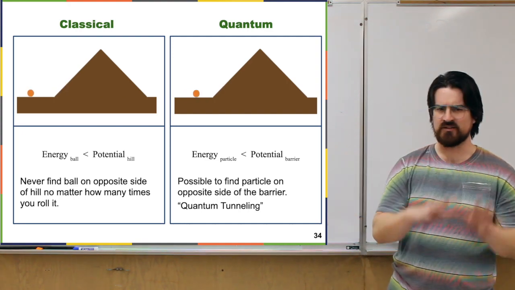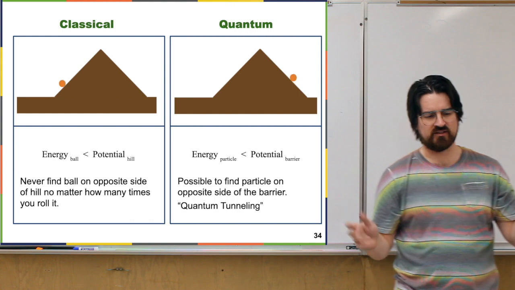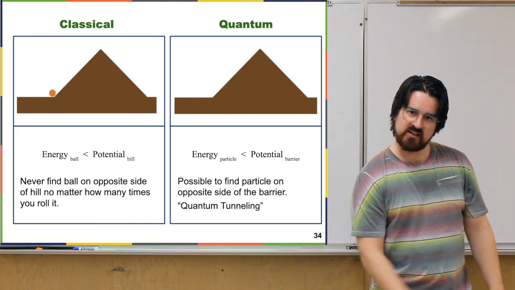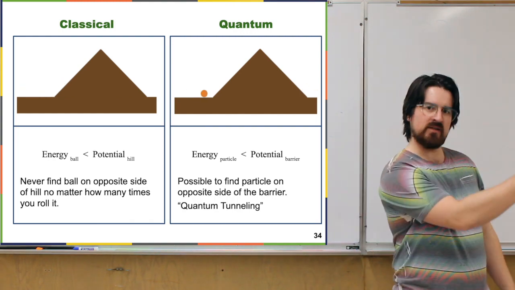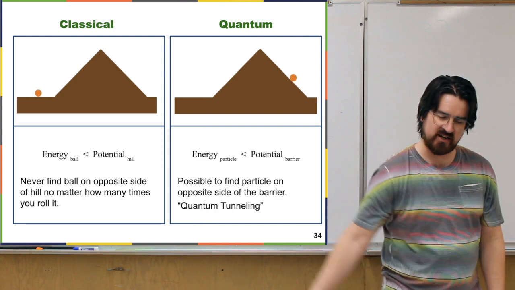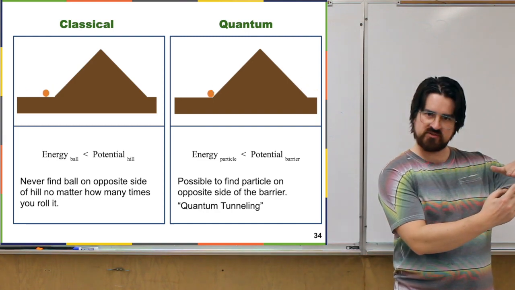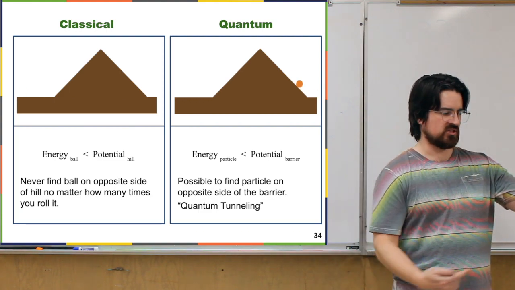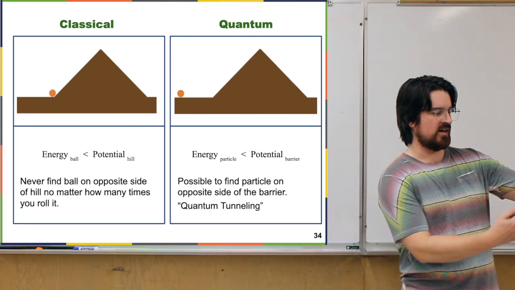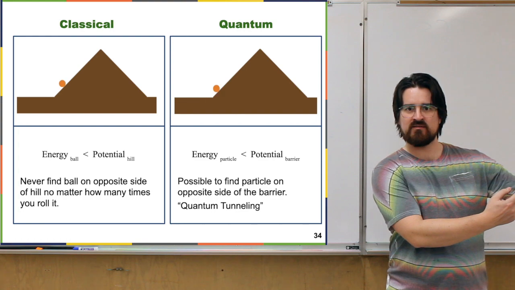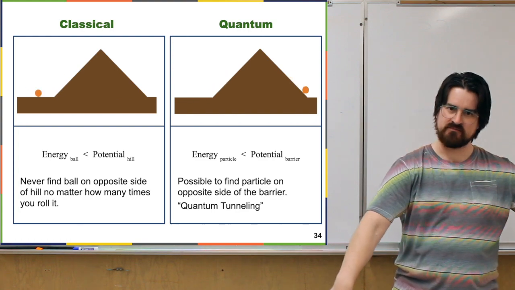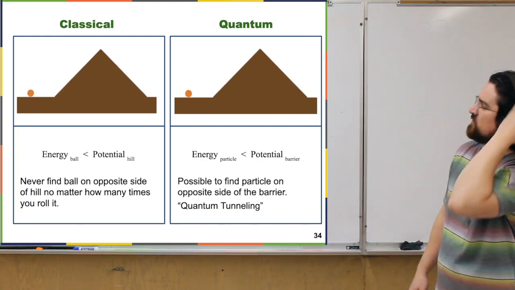Assuming it's not losing energy to friction, that kinetic energy determines how high up the hill it gets. As it goes up the hill, it's exchanging that kinetic energy for gravitational potential energy, and it only has so much kinetic energy, and if the hill's higher than that, it stops and comes back down. So on the left you have this classical picture.